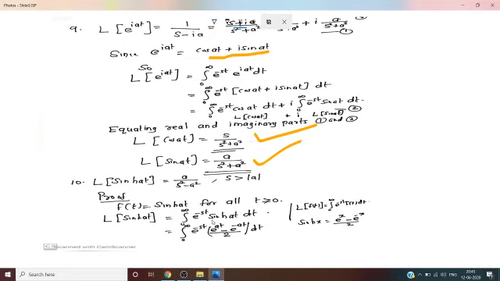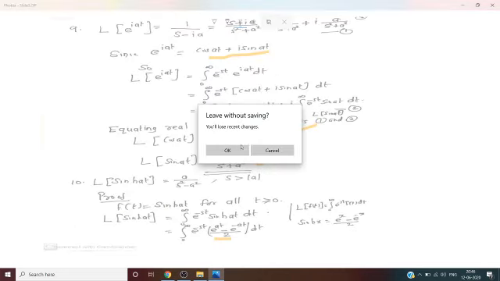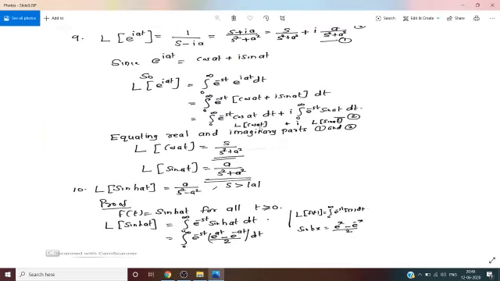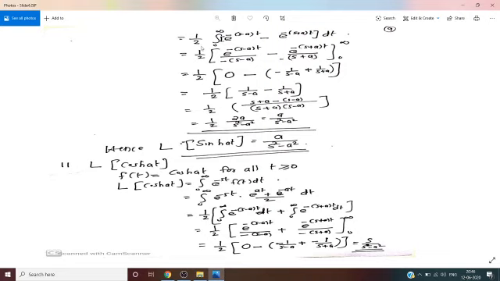So, we can write sinh at as e raised to at minus e raised to minus at divided by 2. Then that's equal to 1 by 2 into integral 0 to infinity e raised to minus s minus a into t minus e raised to minus s plus a into t dt.